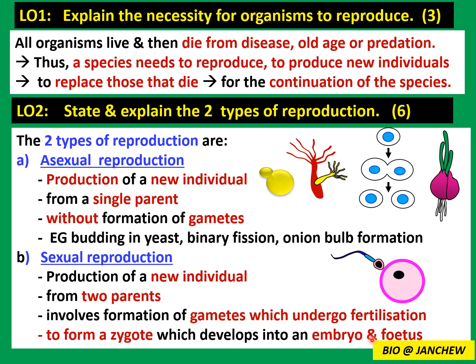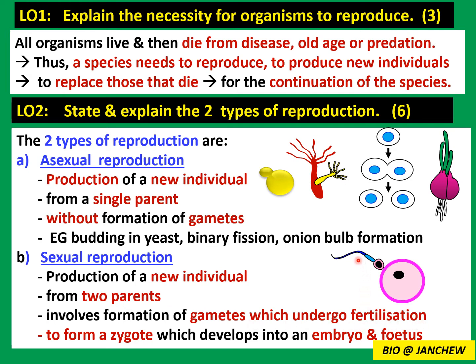It will develop into an embryo and then a fetus. So sexual reproduction must involve two parents and the formation of gametes and also the process of fertilization.